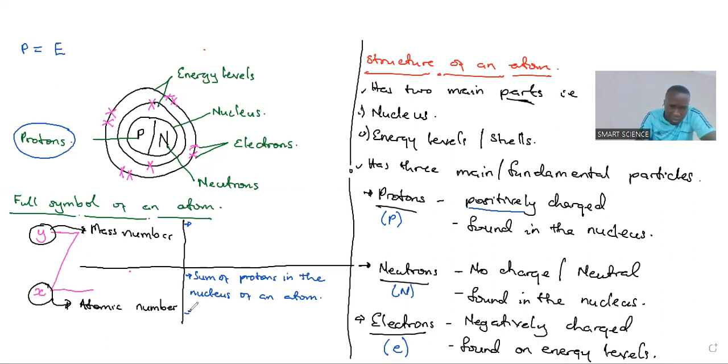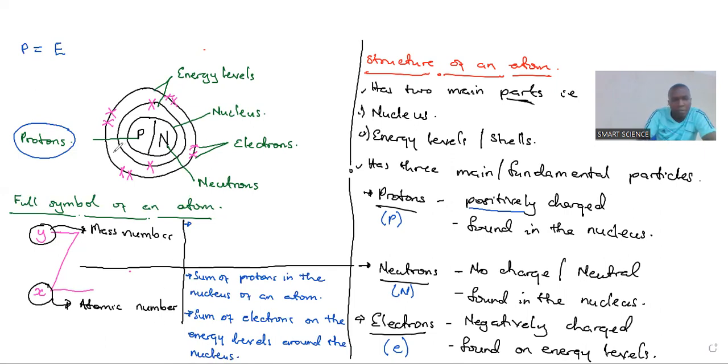So another definition, somebody else will say that this is the sum of electrons on the energy levels around the nucleus. So energy levels around the nucleus have electrons, and those electrons can also be used to represent the atomic number.